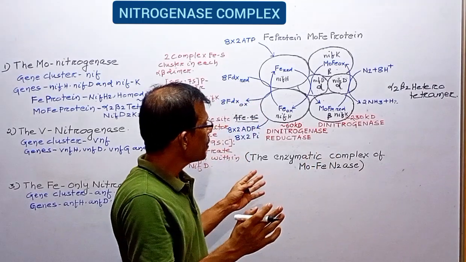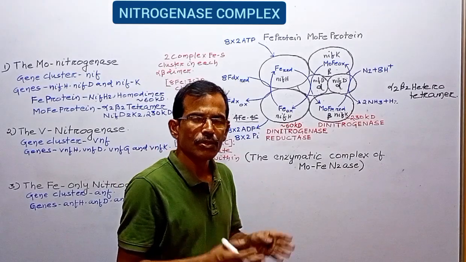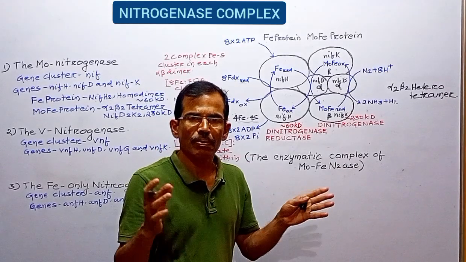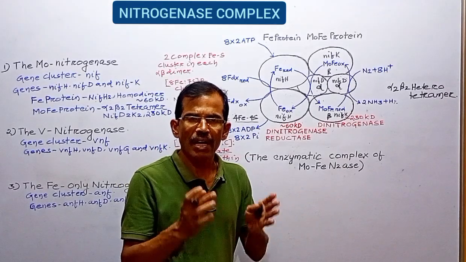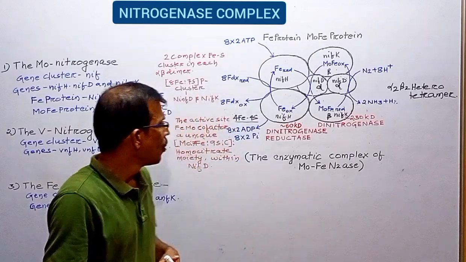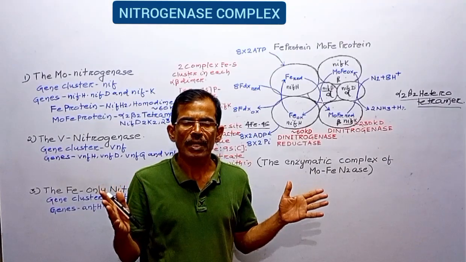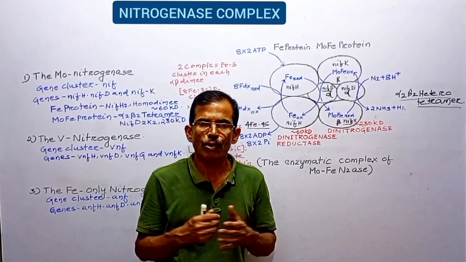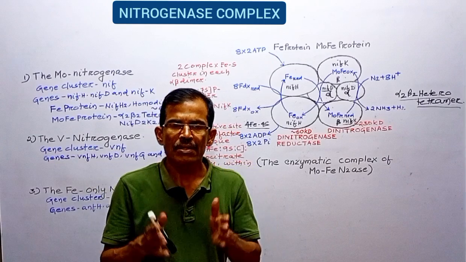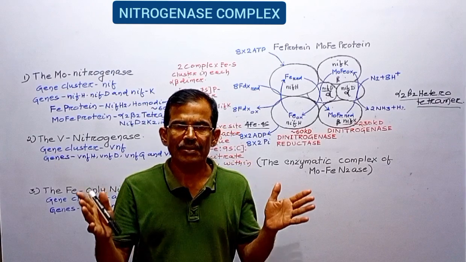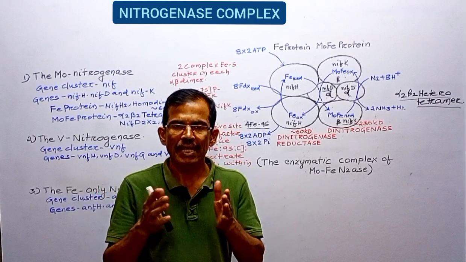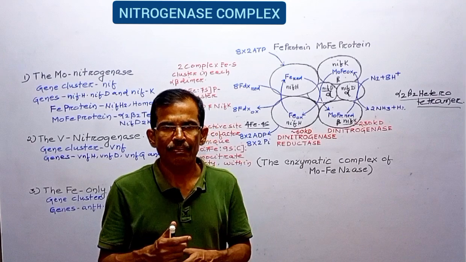The MoFe protein, which is the catalytic component, contains two complex iron sulfur clusters in each alpha beta dimer.